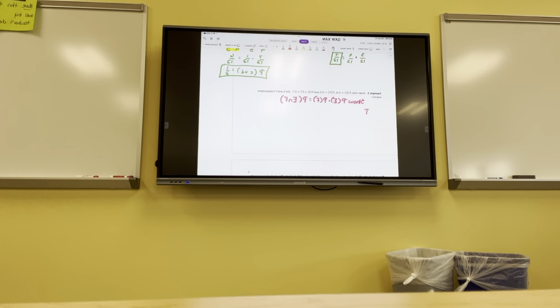So we know that the probability of E times the probability of F is 0.4 times 0.5, which is just 0.2. And then we use that long formula to get the intersection.